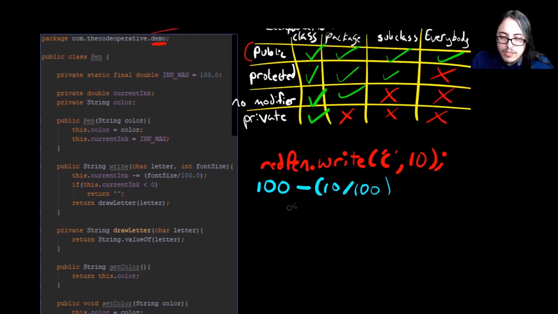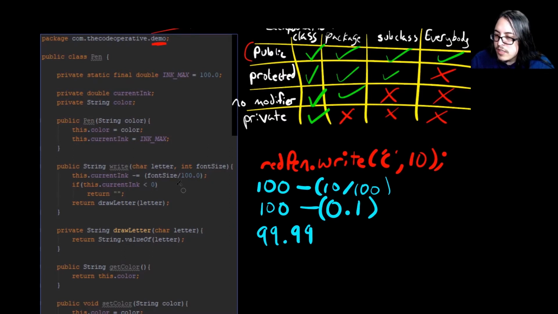So now, if we continue with the math, we have 100 minus 1/10, which is 0.1. Okay, so 100 minus 0.1, the ink level is now 99.99.